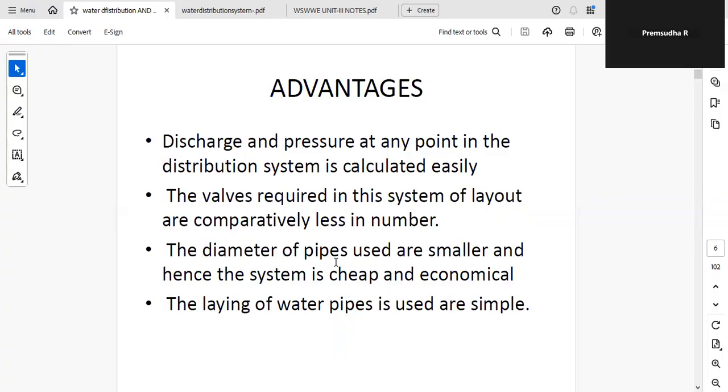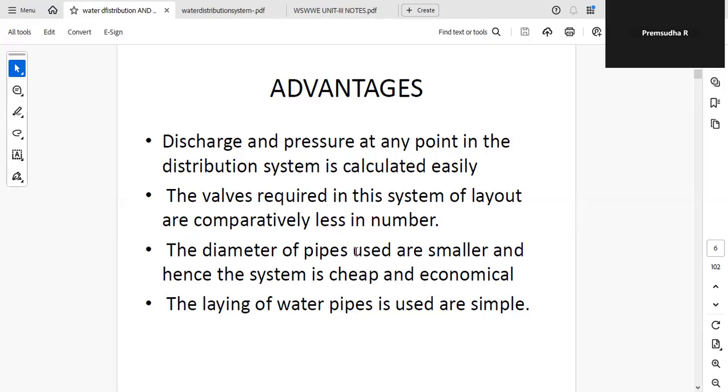The advantage of this dead-end system is that discharge and pressure at any point in the distribution system are calculated easily. The valves required in this system of layout are comparatively less in number.